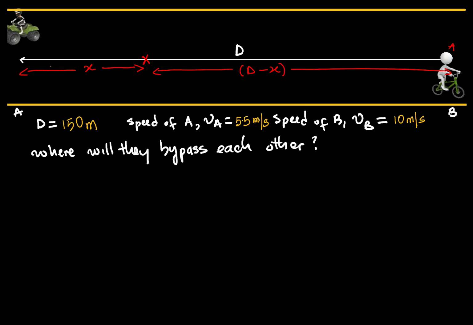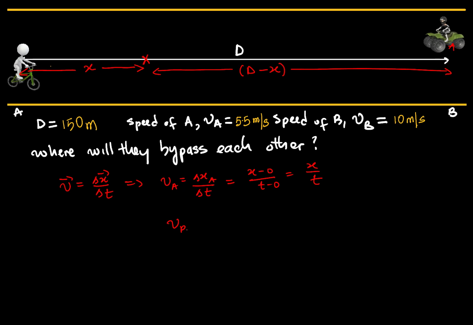We know that average velocity is just the change in x divided by the change in time, which implies that v of A is the change in x of A divided by the change in time, which is going to be equal to x minus 0 all divided by the change in time, which is just t minus 0. So this is x divided by t.